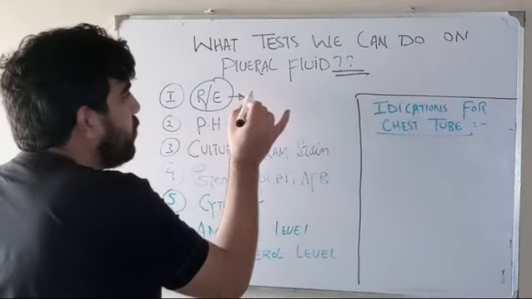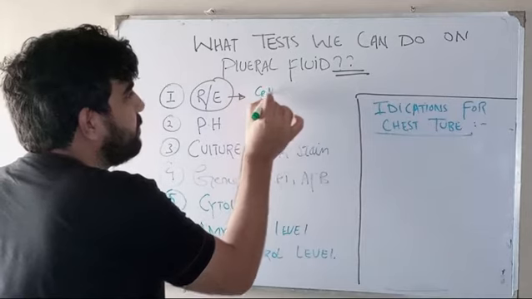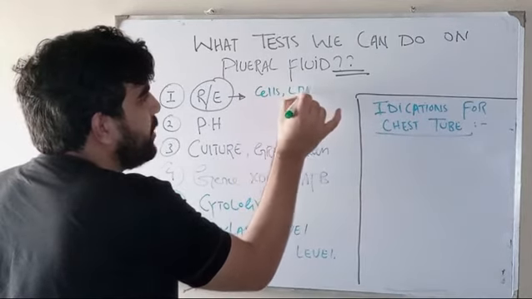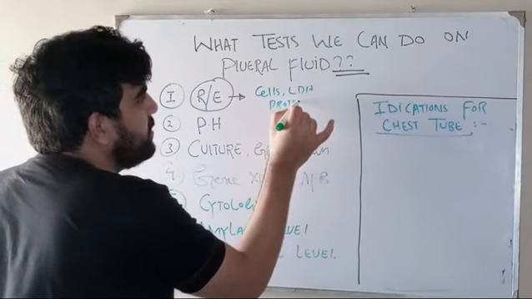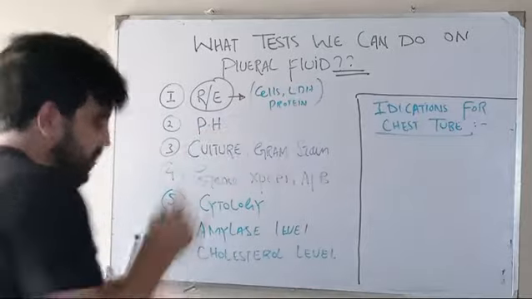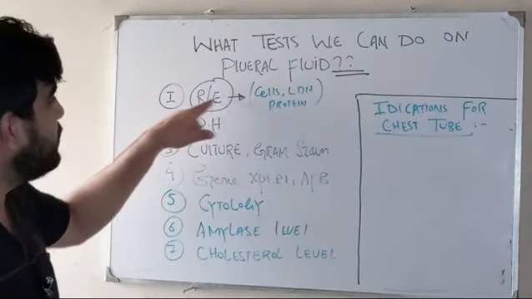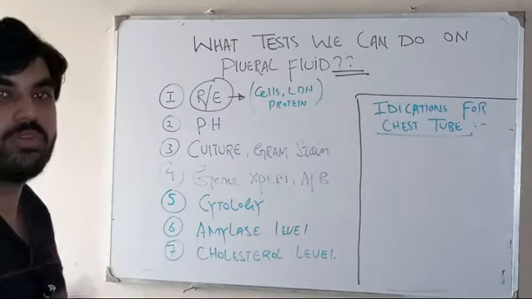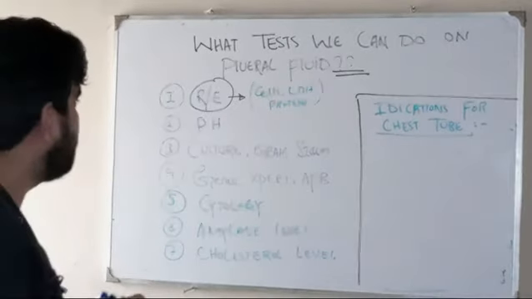So in routine examination we look for the cells, the LDH and protein, and all of these help us in classifying this, whether this is transudative or exudative, and that helps us to find out the cause, and of course helps us in treatment of that patient.